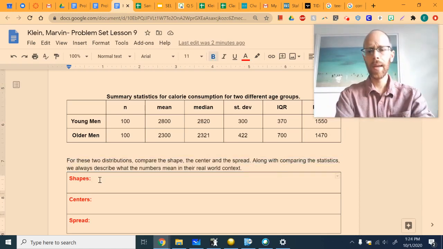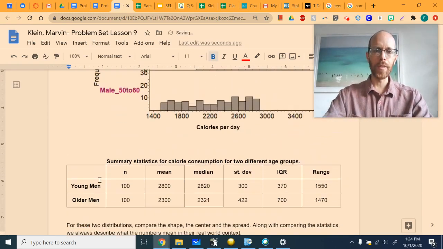All right, so start with shapes. And for the shape, all you need to do is name the shapes.